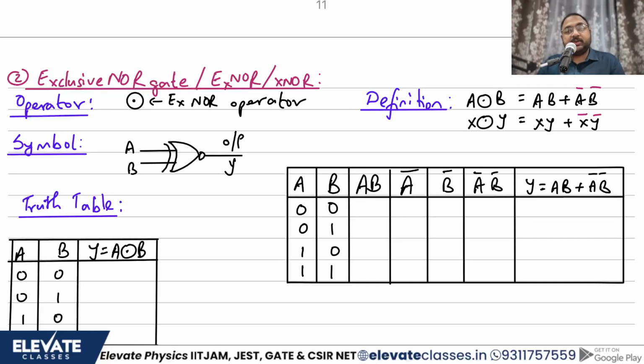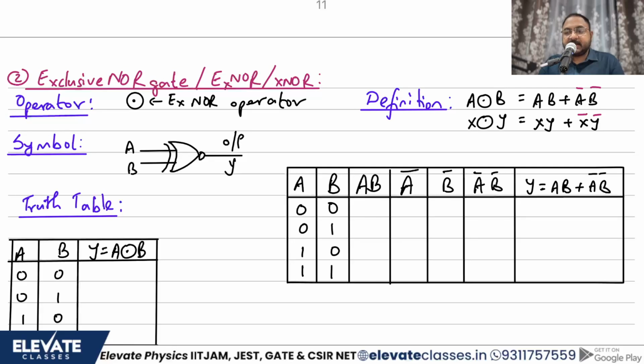Again, we want to find the truth table. So how can we find it? By the way, I can also tell you one more thing about the definition right now: XOR and XNOR are connected by a NOT operation. Not a definition, rather a property.